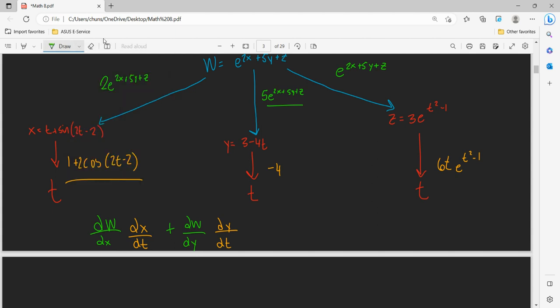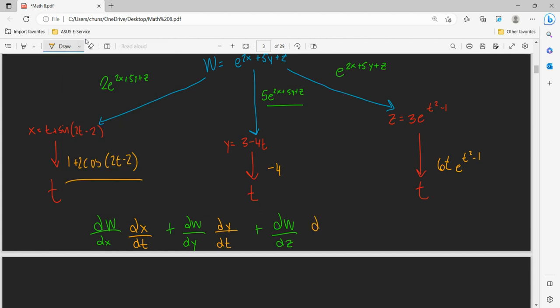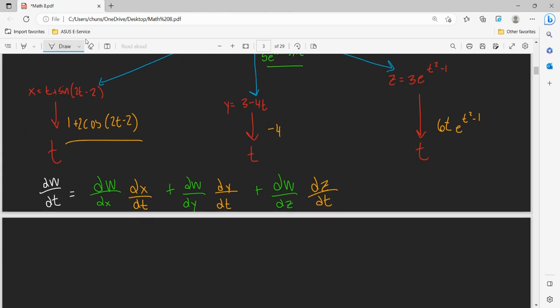And then this is plus our last z branch over here, which is the partial derivative of w with respect to z, and then z with respect to t. So all in all, this equals the complete sum of w with respect to t as partial derivatives.